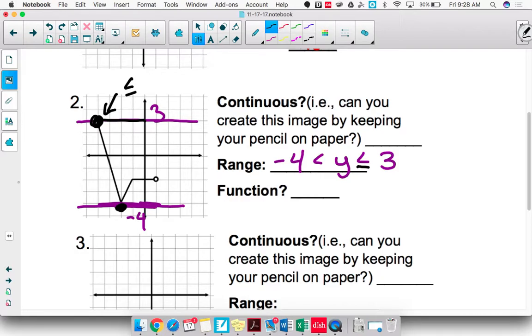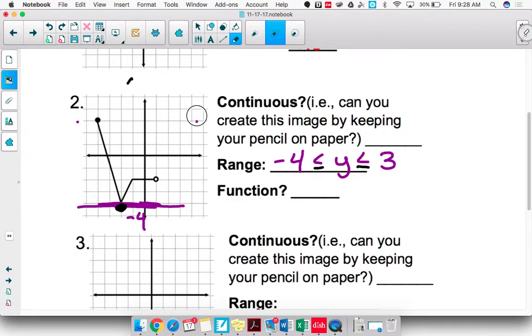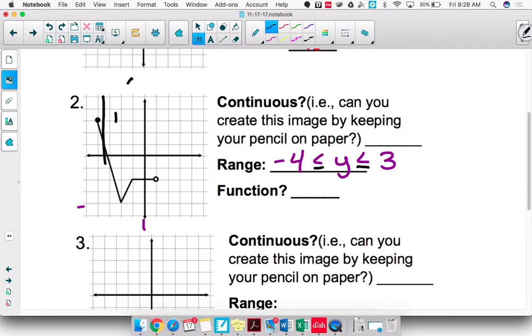If it's not open, you can assume that it actually does reach that number. To decide if it's a function, again, we'll just look vertically. And if I draw vertical lines throughout this graph, it never intersects the graph more than once, and so we'll say yes, it is a function.